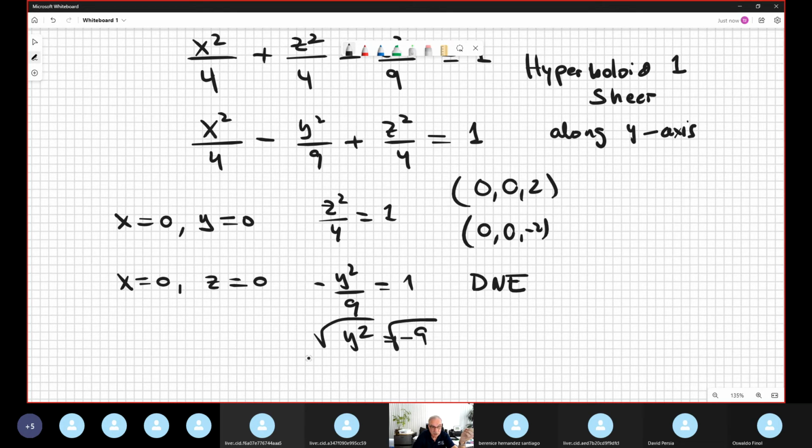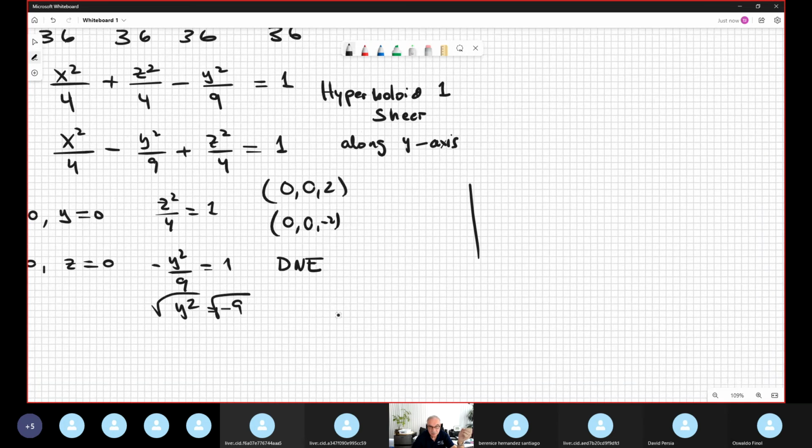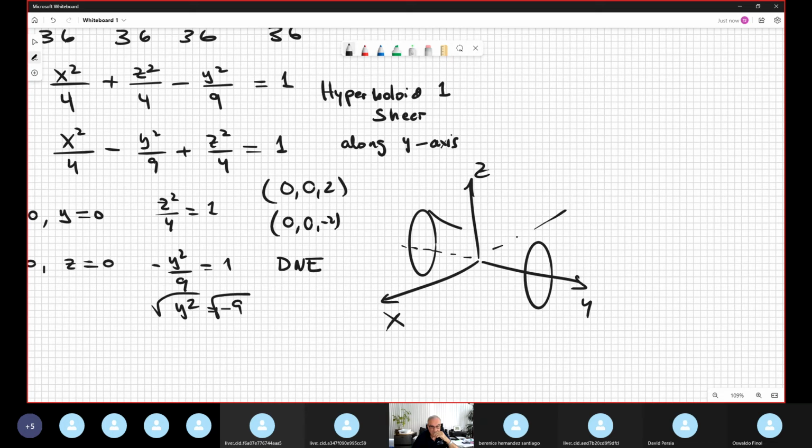The reason is the intuitive idea: in 3D, we have a hyperboloid of one sheet along the y-axis, something like that.